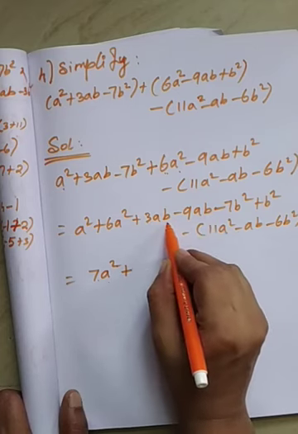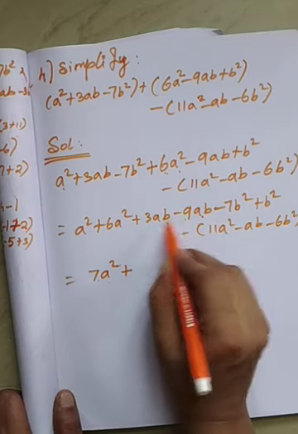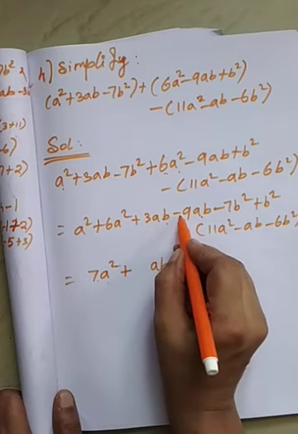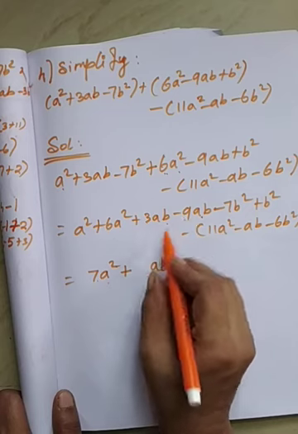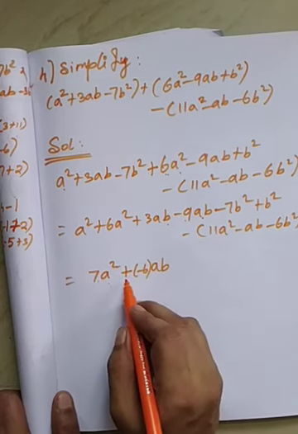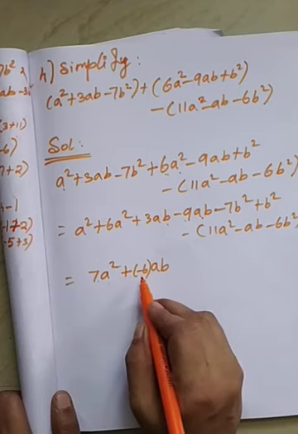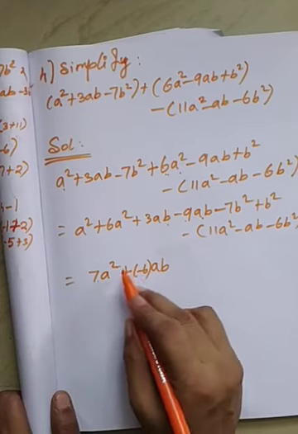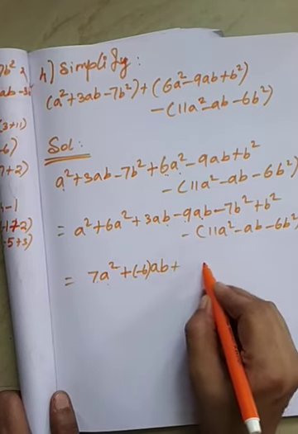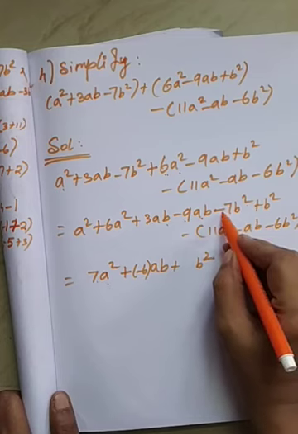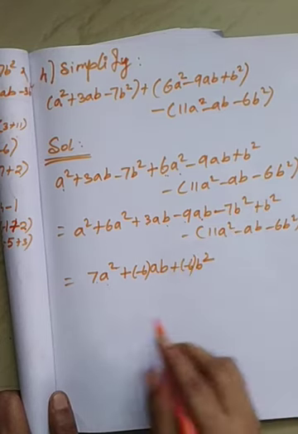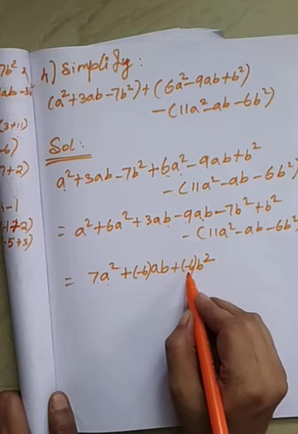See here 3ab minus 9ab means ab is the common value, so you have to write ab times 3 minus 9. What is 3 minus 9? Minus 6. Already a plus symbol is there, so that's why I have to take the minus. If there is another sign, you have to put the bracket. Next, b squared is the common value, so you have to put b squared. What is minus 7 plus 1? The value is minus 6. Already a plus symbol is there, that's why I have to take the bracket.